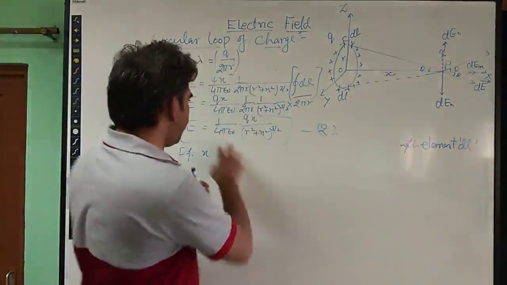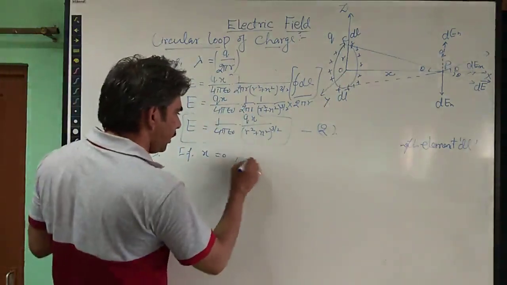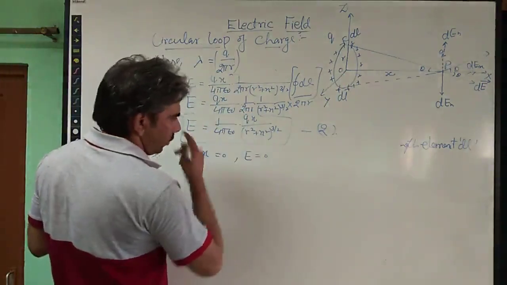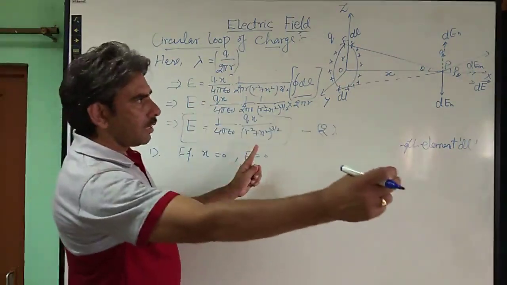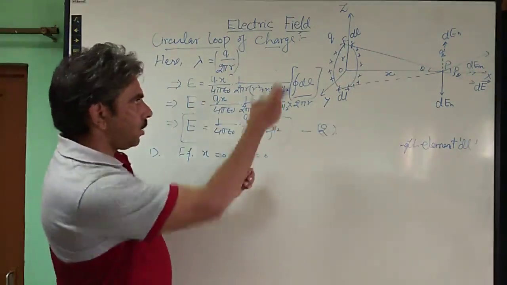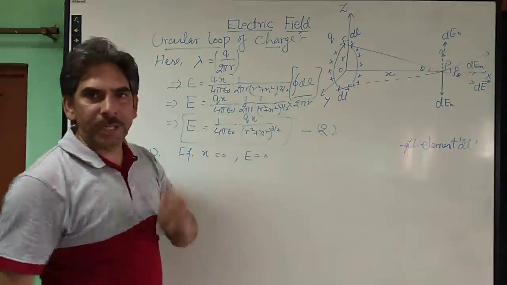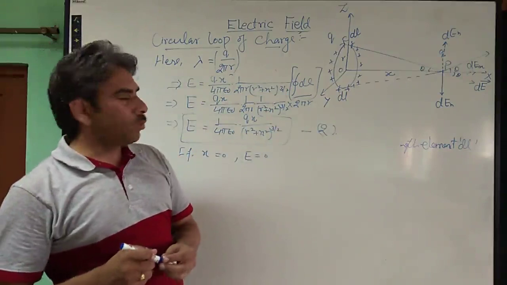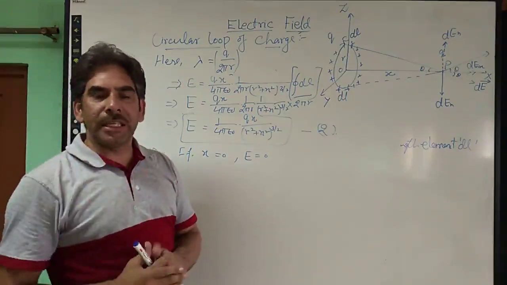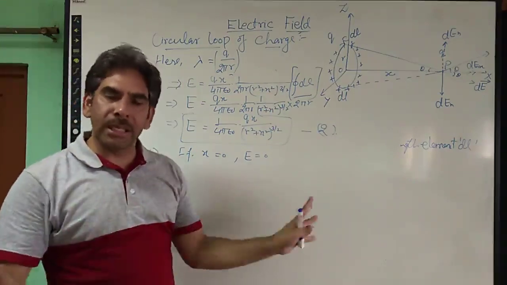So what is the electric field? From this expression it can simply be written as 0. If x is 0, meaning this test charge is lying at the center of this loop, then the electric field at that point will be 0. That simply represents that at the center of a circular loop, the test charge will not experience any kind of force. It will not move in either direction.